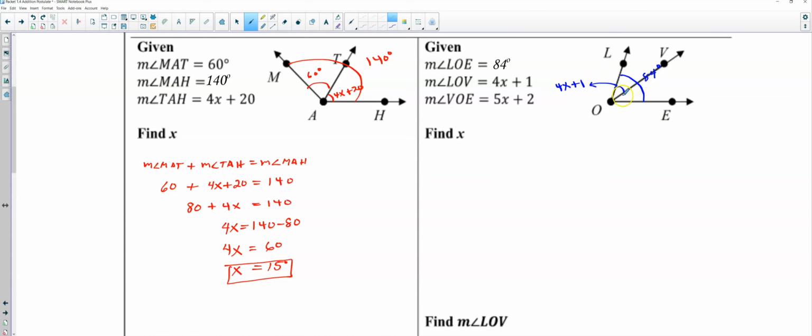And then we have that this angle VOE, which is this angle right here, is 5x plus 2. Okay, so now that I have that, by the angle addition postulate, the measurement of angle LOV plus the measurement of angle VOE should equal the measurement of angle LOE.